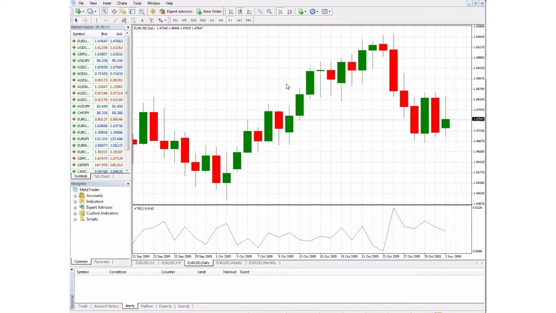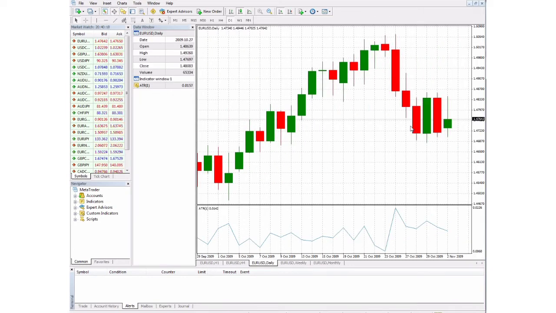So let's take a look and see what the range is and make sure that it's going to fit within our parameters. High minus the low here looks decent. High minus the low here doesn't look too bad either. And that would probably be the bar that we'd want to do, this particular one right here.